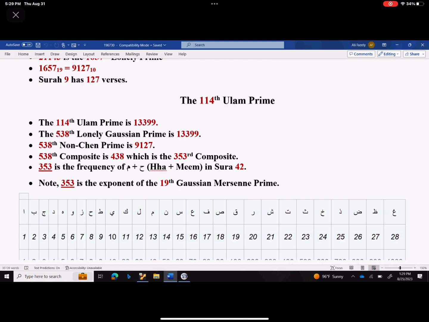This information is available. The reason that you and I believe in the virgin birth of Jesus, son of Mary, is because of this, which is available to everybody. So when God says that statement in the Quran, that statement is pure truth.